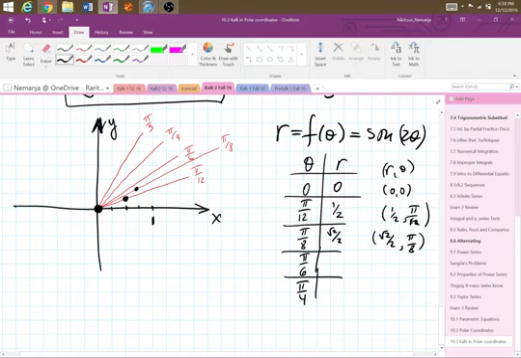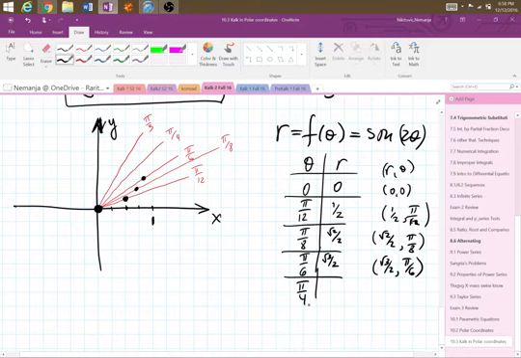Pi over 6 is going to be pi over 3, that's root 3 over 2. So root 3 over 2 and pi over 6. Root 3 is about 1.7, cut that in half, call it 0.85. Right there.